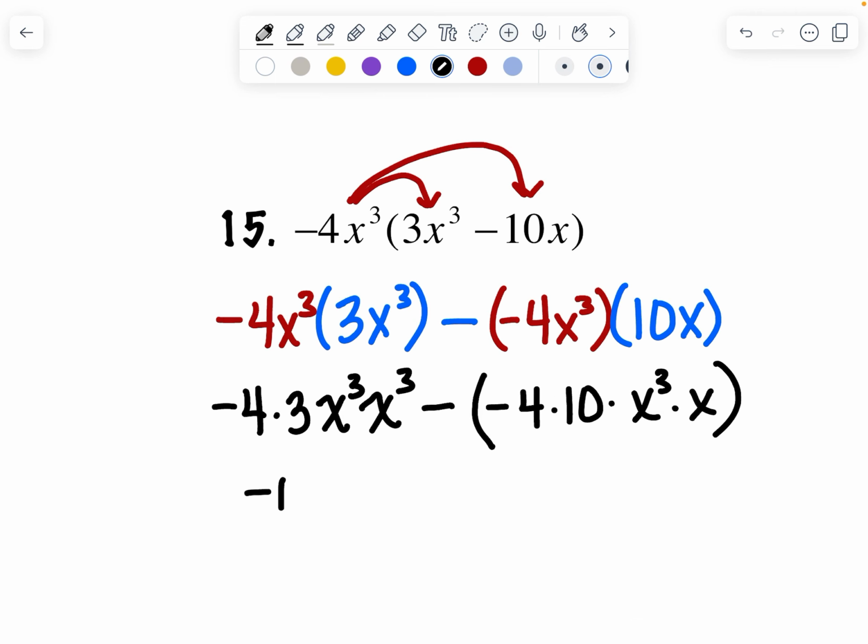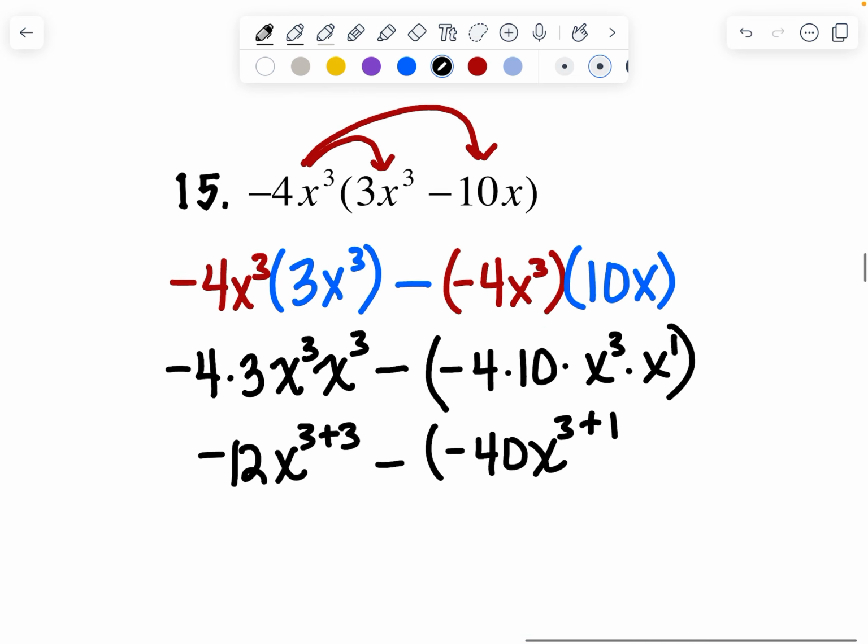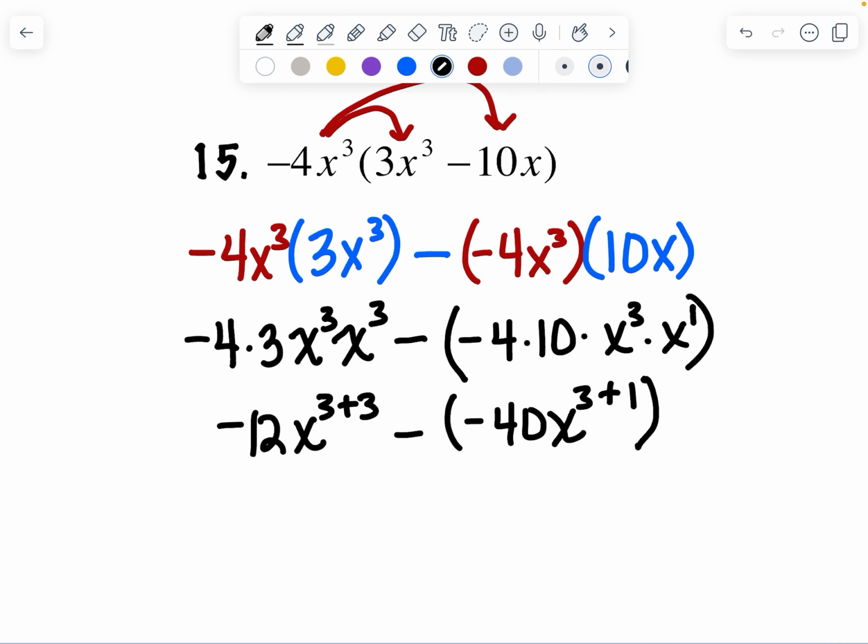So I get negative 12x to the 3 plus 3 power minus a negative 40x to the 3rd plus 1, because remember this x is an x to the 1st power when I change the order of the factors. So now what do we have here? We have negative 12x to the 6th power, and it's going to be minus a negative 40x to the 4th power.